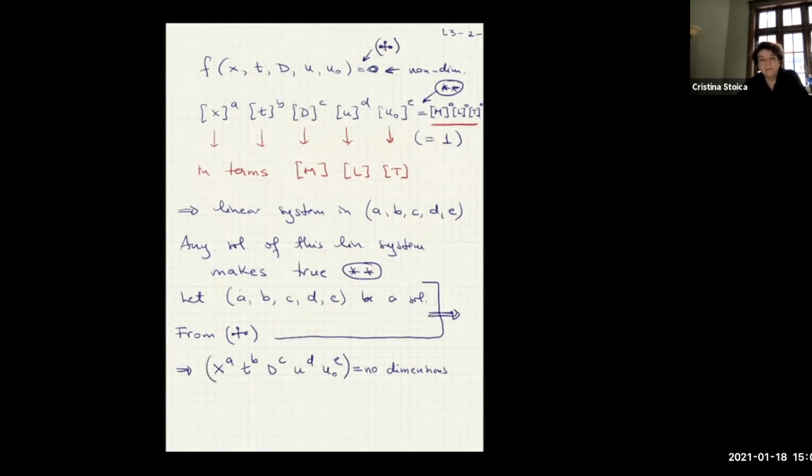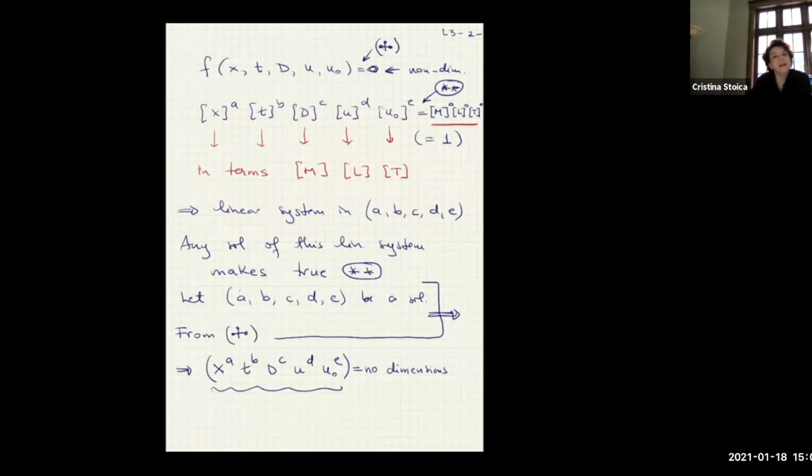Of course, I will have many combinations if the linear system has more than one solution. As many solutions as I have in the system, as many combinations I'll have here that have no dimensions. So the question is, how many are there? There will be as many independent ones as I have independent solutions in the linear system.